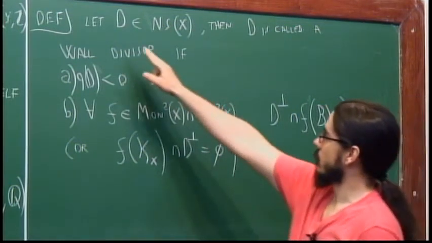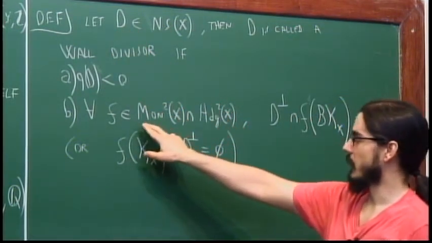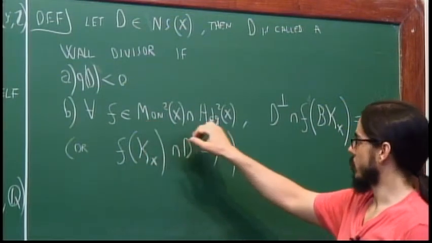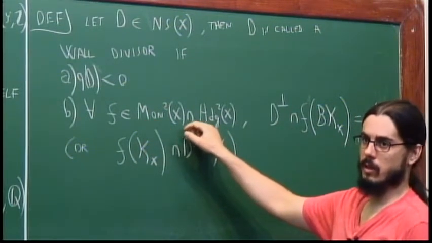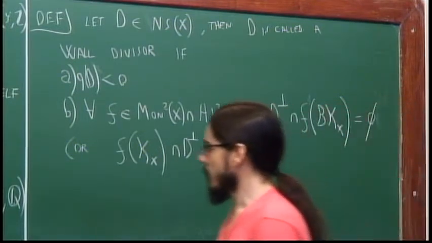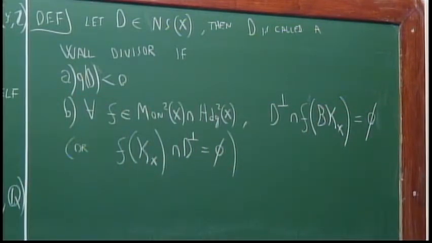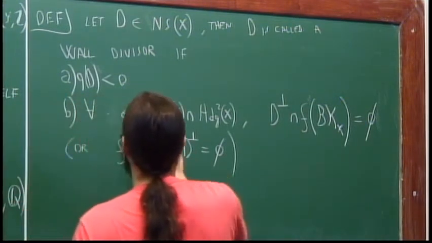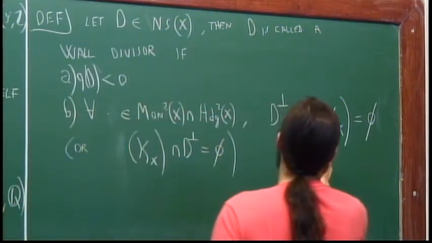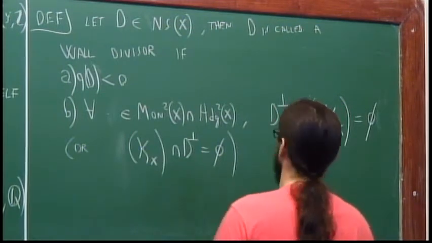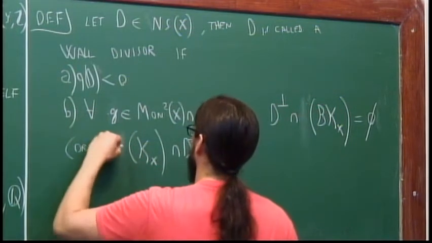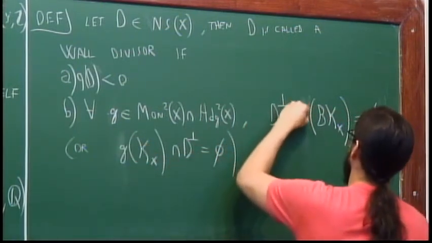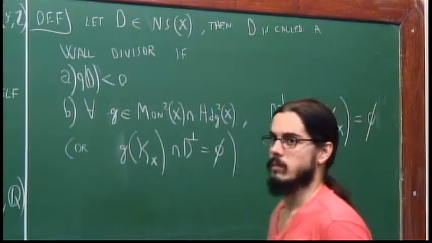Of course, this class of divisors is invariant by monodromy operators, which are also Hodge isometries, just by definition.